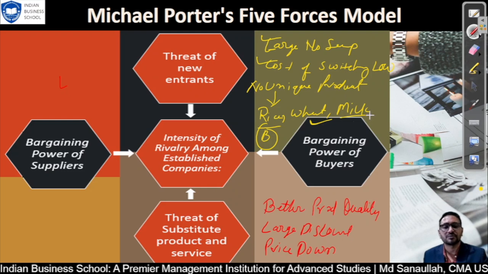Suppose you are buying milk and making some sweet, so for you milk is milk, right? Quality does matter, but not that much, because it is not a unique product that you cannot get from some other supplier. You can easily get this kind of product. So in those cases it is considered not a unique product, and in this case also it is a favorable condition for you.